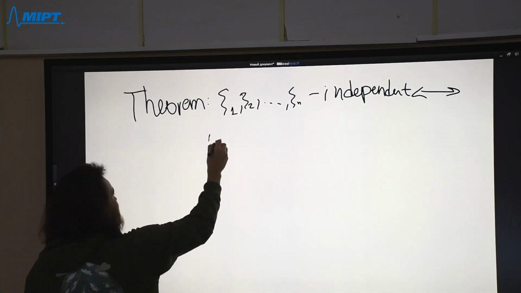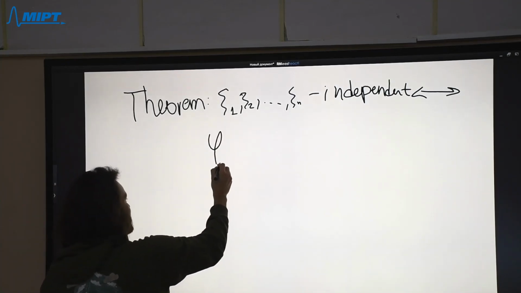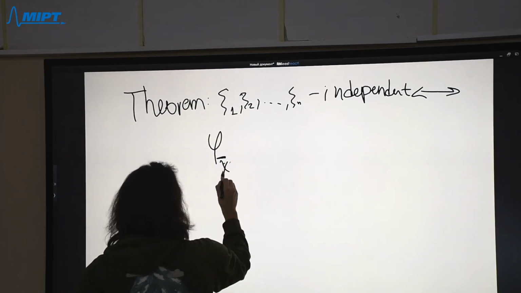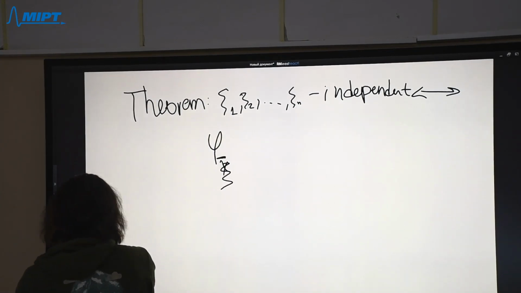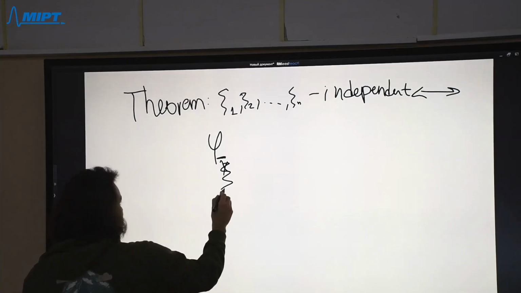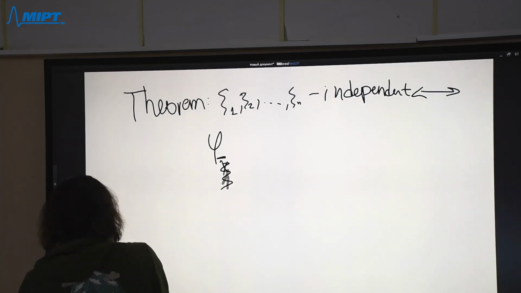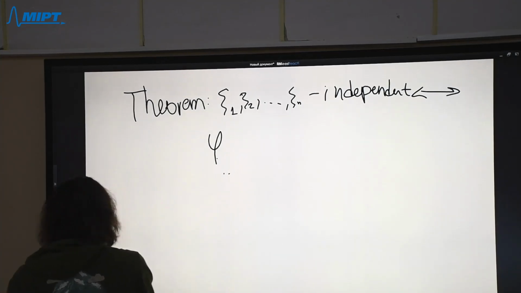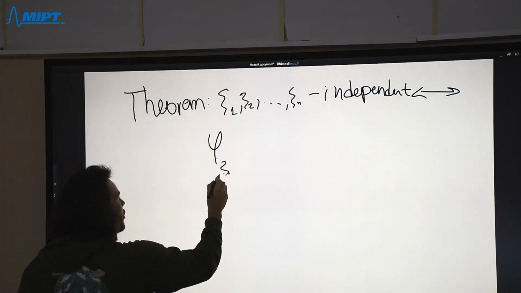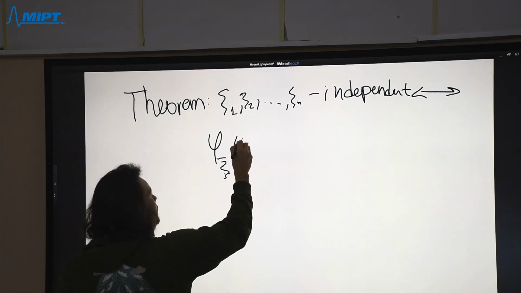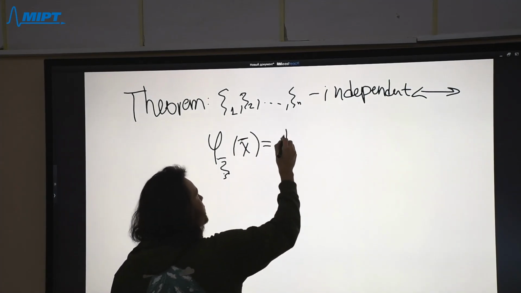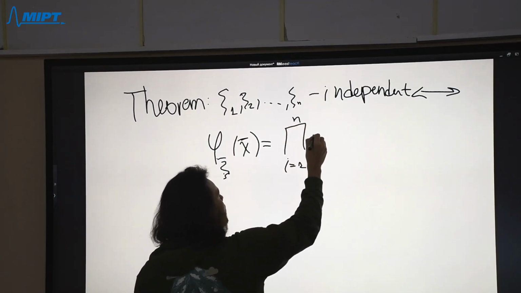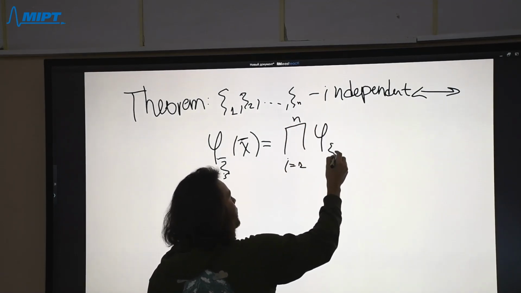the characteristic function of this vector xi is equal to the product from 1 to n of the characteristic functions of these random variables.